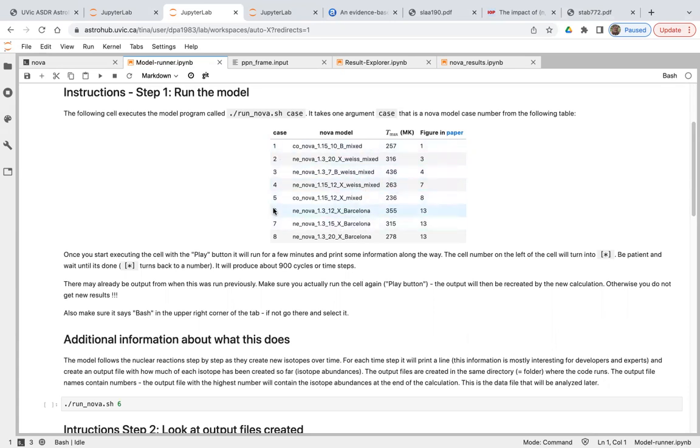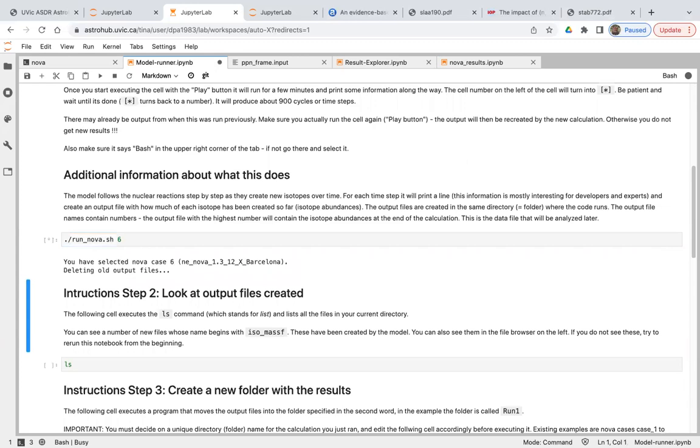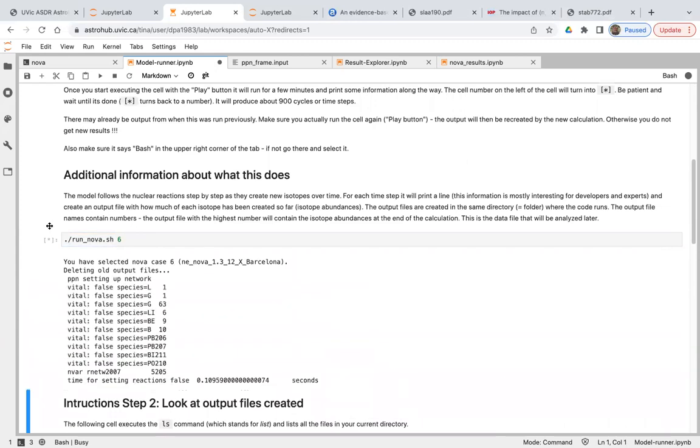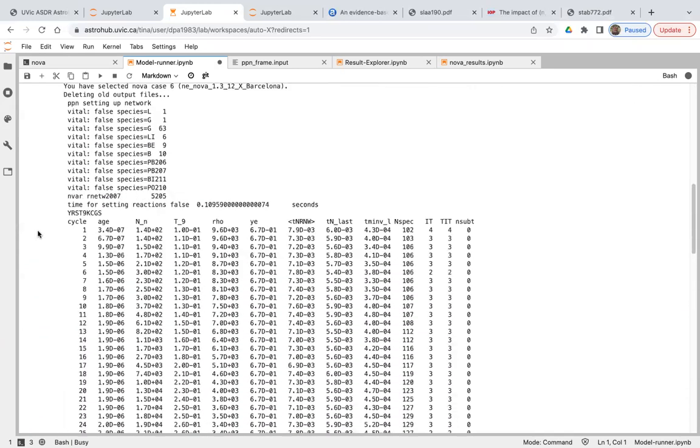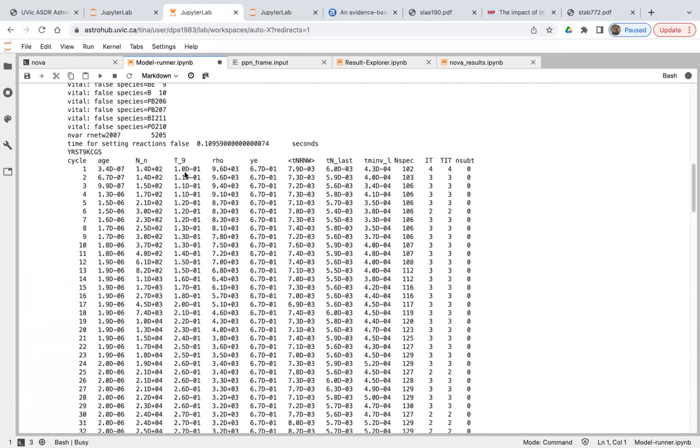So now I'm going to take case 6, which corresponds to my run that I have just done in the NOVA framework, right? Case number 6. So therefore I say run NOVA case 6 here. And this is TINA, so you can try this. There are no limitations for you to try this. So look at this. So you see, this is just one-zone NOVA simulations. You can see this is temperature taken from the NOVA trajectory.